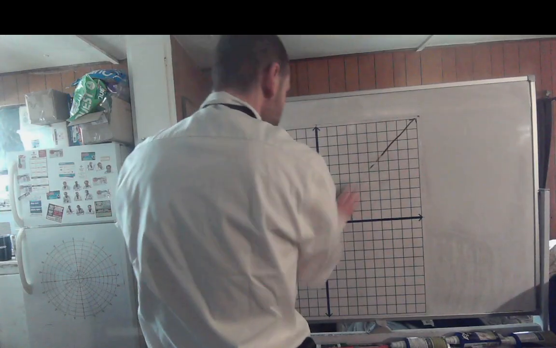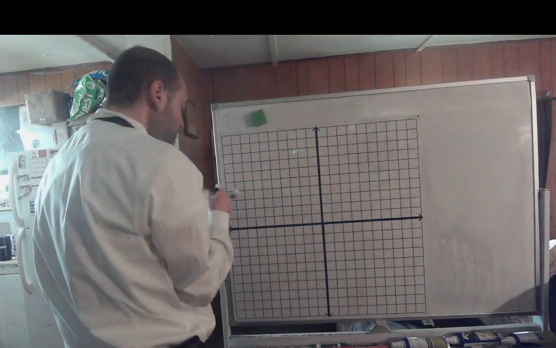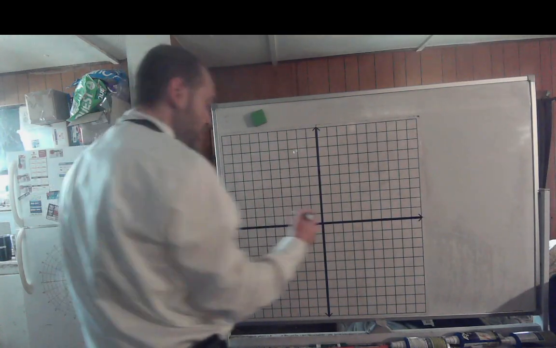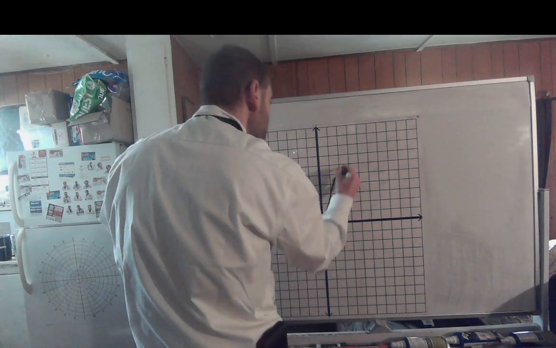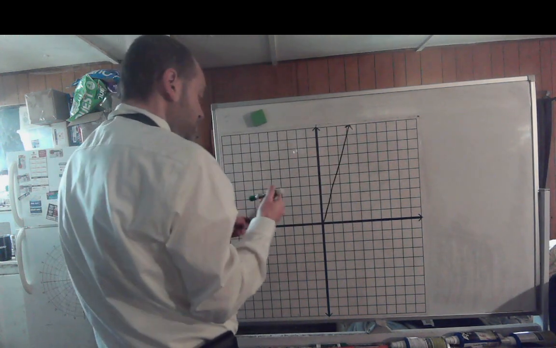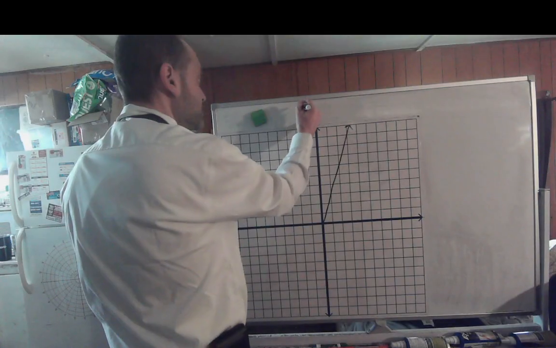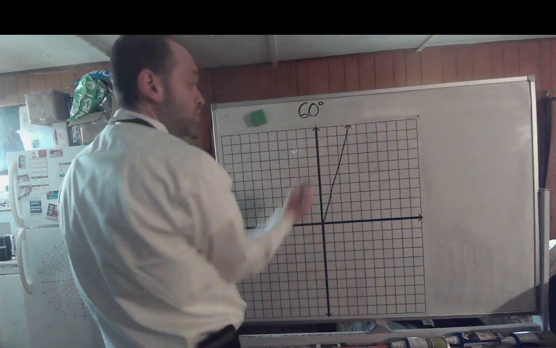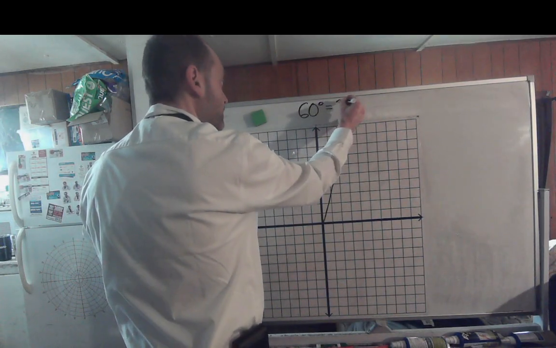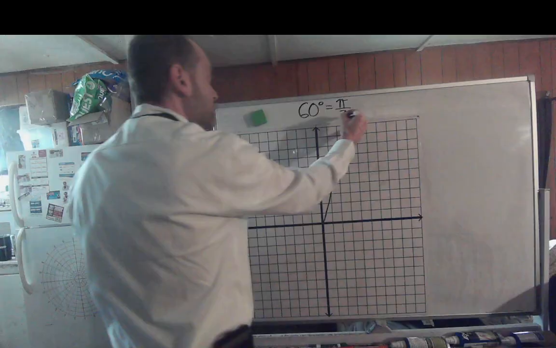And of course, let's do 60. That's going to come right about here, roughly. So what we're sketching this time is a 60-degree angle, which is the same as pi over 3 radians.